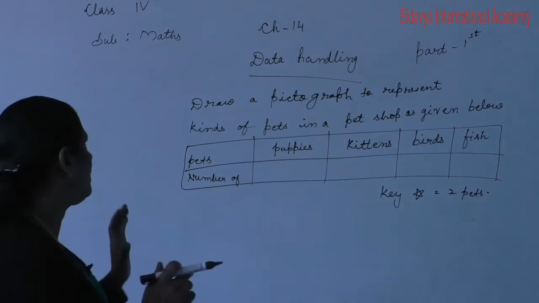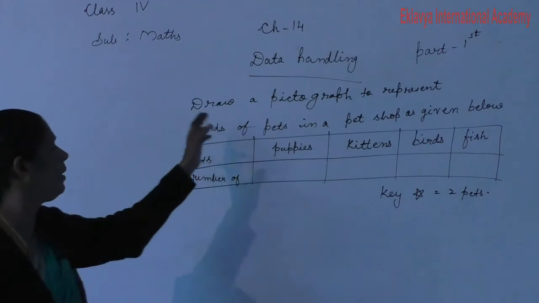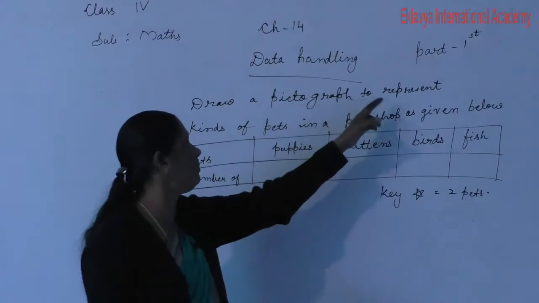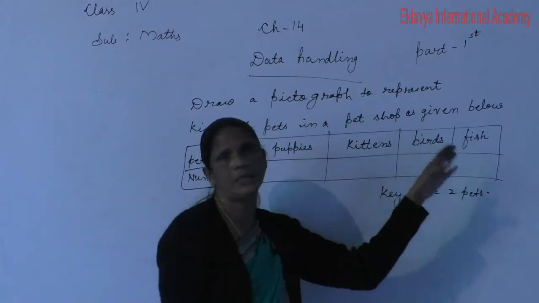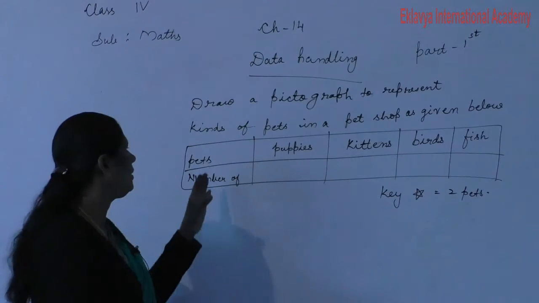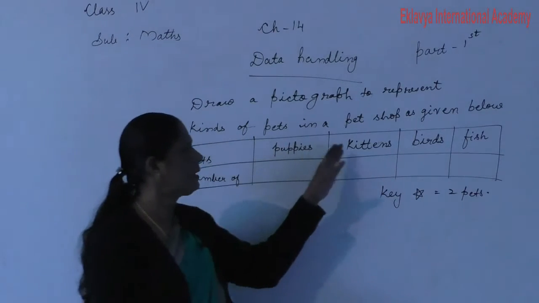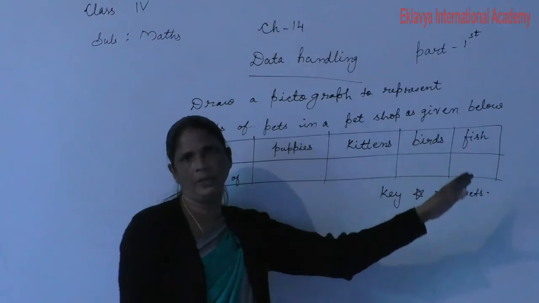For example, draw a pictograph to represent the kinds of pets in a pet shop as given below. Pets: puppies, kittens, birds and fish.